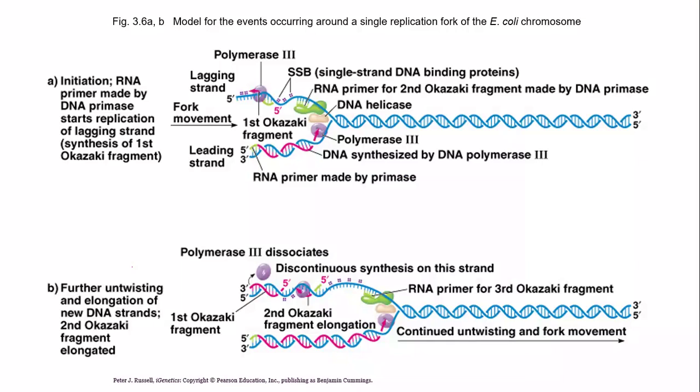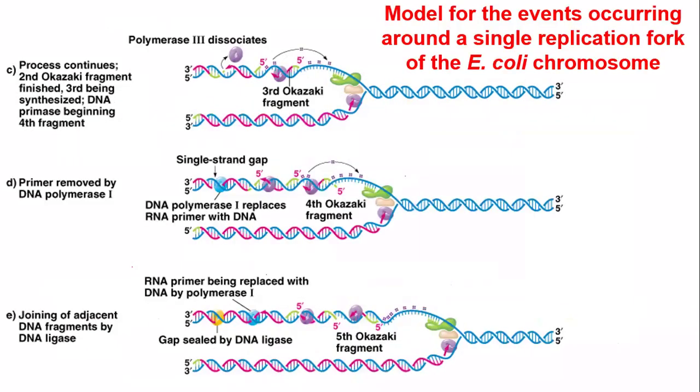Now, a model for the events occurring around a single replication fork. A, initiation, an RNA primer made by DNA primase. Then B, unwinding and elongation, new DNA strands, second Okazaki fragment elongation.